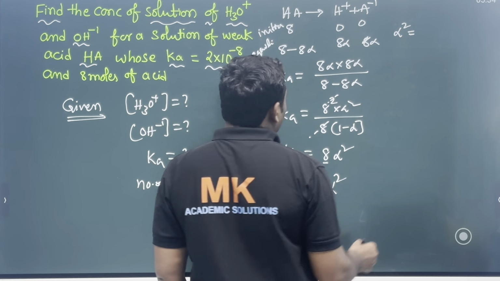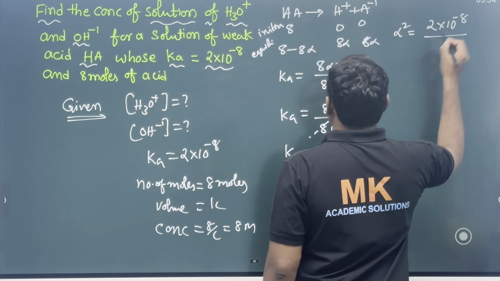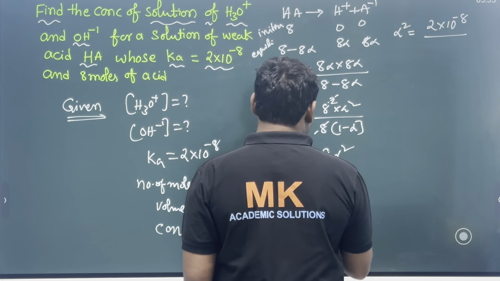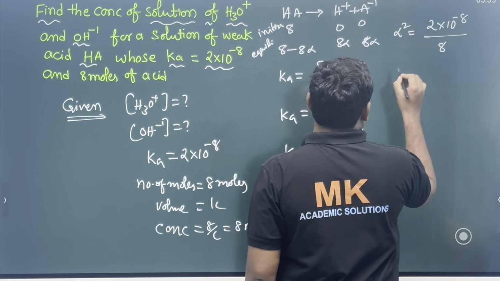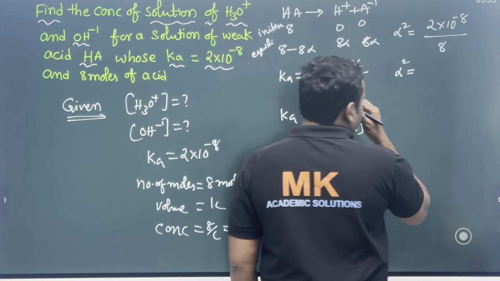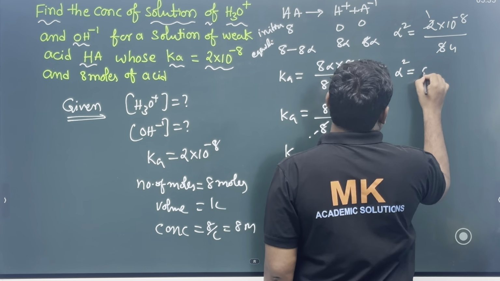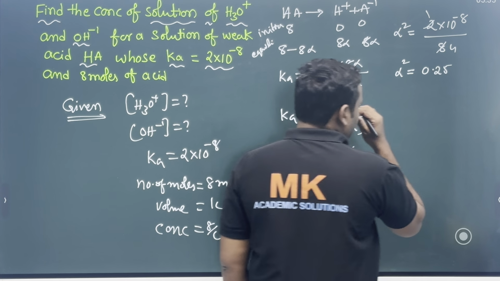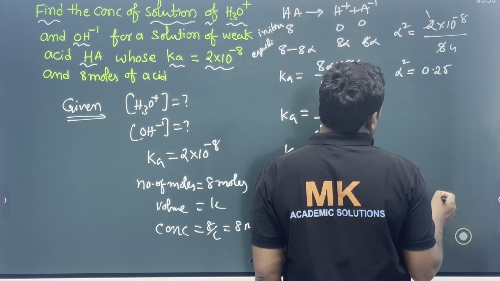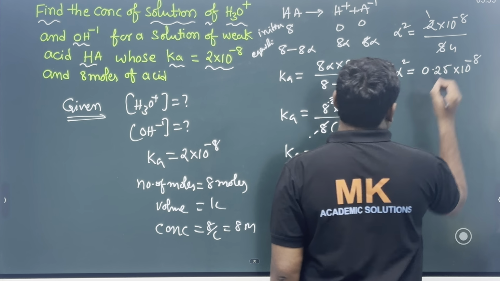Ka they have given, 2 into 10 to the power of minus 8, and 8 is the concentration. So alpha square is equal to 2 by 8, which is 1 by 4, that is 0.25, so 0.25 into 10 to the power of minus 8.